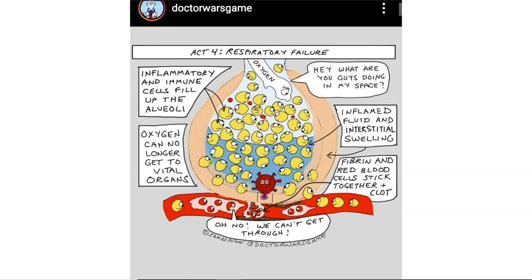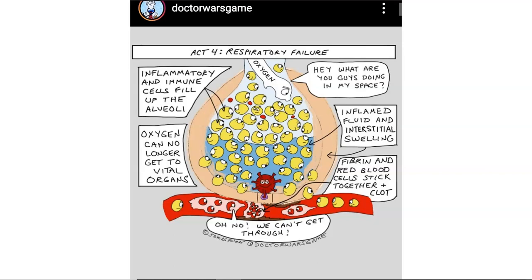The end result is that you can no longer oxygenate that blood, so patients become hypoxic. And so this is one of the ways that COVID-19 is causing harm in individuals.